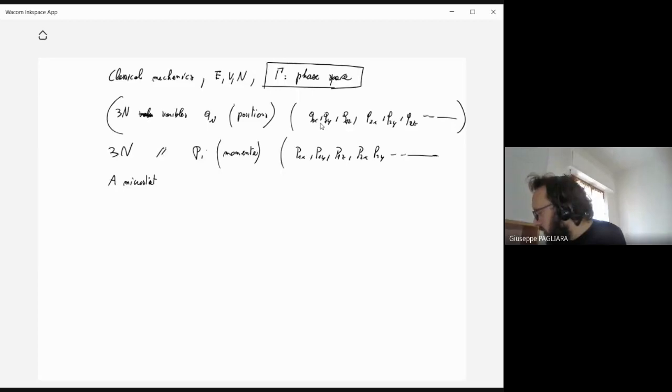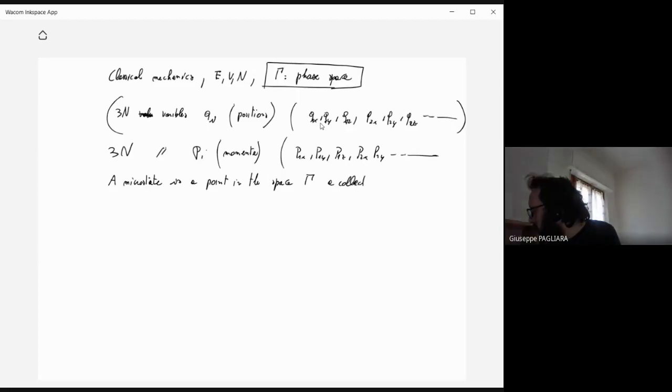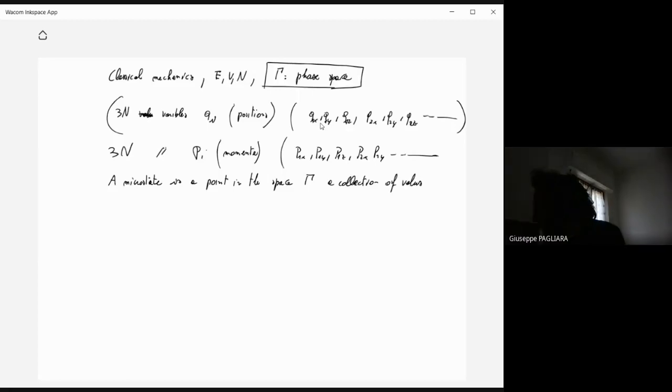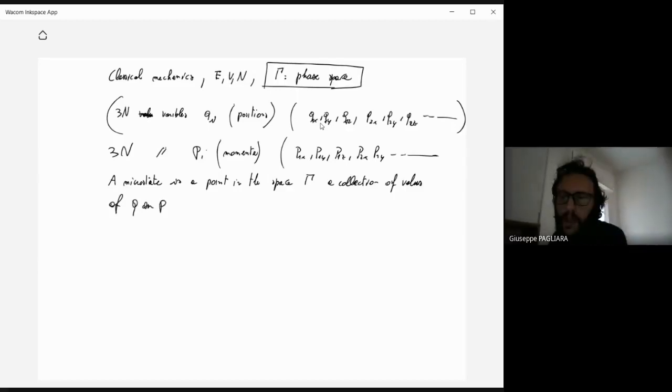A microstate is basically a point in the space gamma, which is the phase space, which means basically a collection of fixed values of Q and P. And by Q and P, I am indicating the vectors of these 3N numbers in both cases.